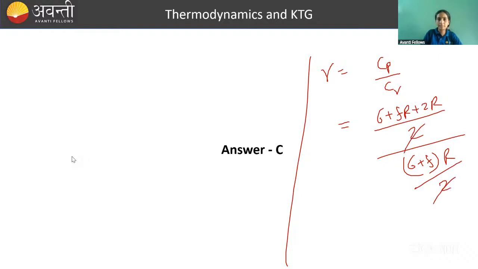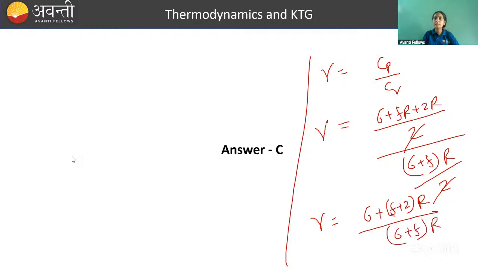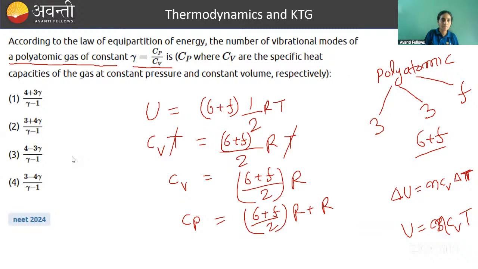And this is equal to gamma. So gamma is equal to 6 plus F plus 2R divided by 6 plus F R. Okay? So we can solve this and calculate the value of F in terms of gamma and R, right? So here the answer is given.